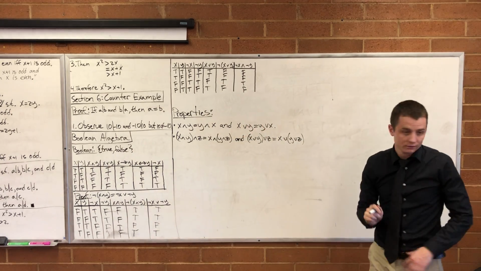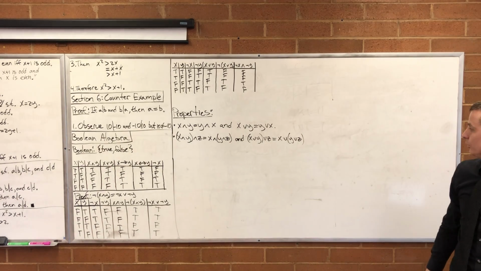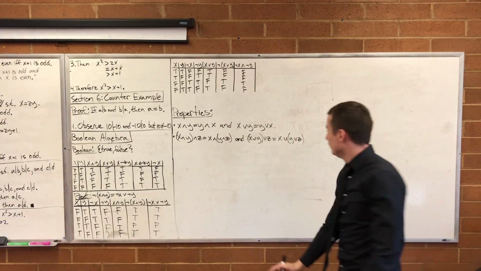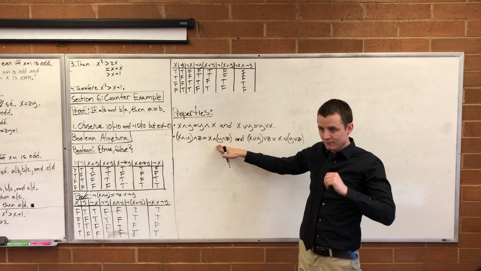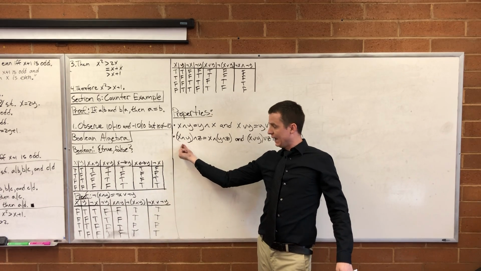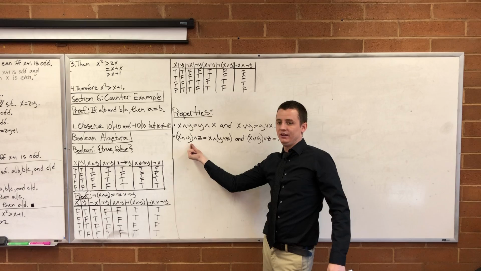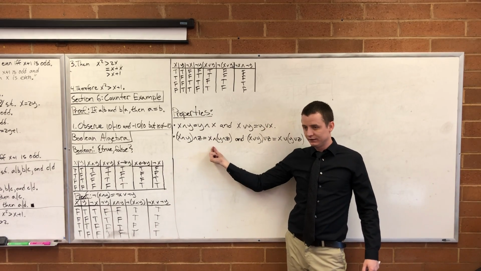What does that mean? Associative. And and or are associative. Do you understand the difference between what this and this is saying? It's saying first do this, then this. This is saying and these together, and then and this, where this one's saying and these together, and then and this.